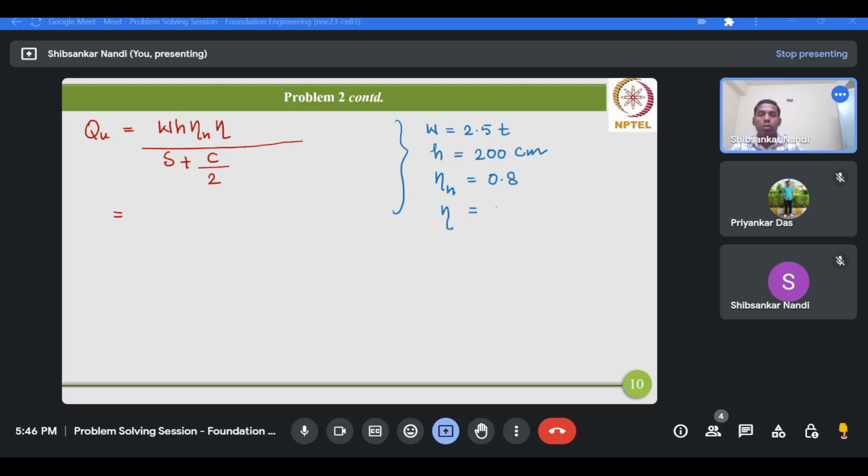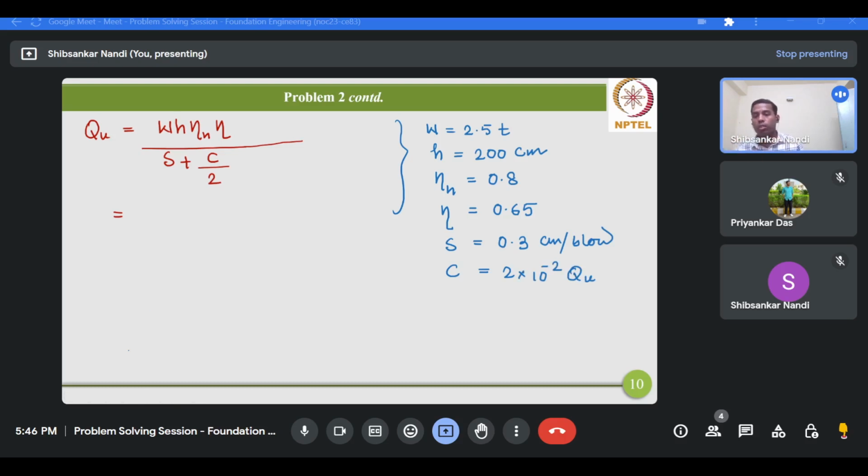Beta, efficiency of blow, we have calculated it as 0.65. S is the final set per blow, given as 0.3 centimeter per blow. And C, we have calculated it as 2 into 10 to the power minus 2.